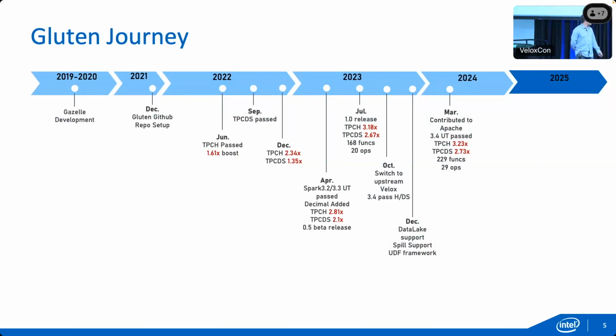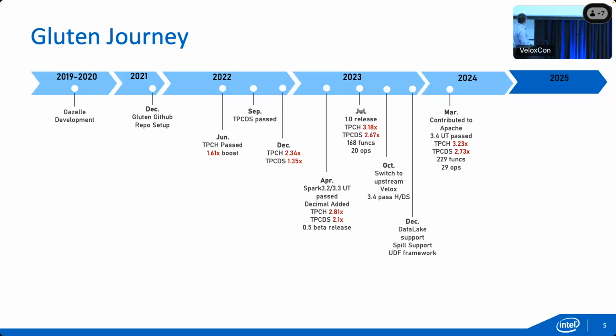And then we created a demo, and in 2022 we got TPC-H passed and a 1.61x performance boost in runtime. In September, we got TPC-DS passed, though most of the operators still fell back to vanilla Spark. And then in December, we got TPC-H a 2.34x performance boost and TPC-DS a 1.35x performance boost.